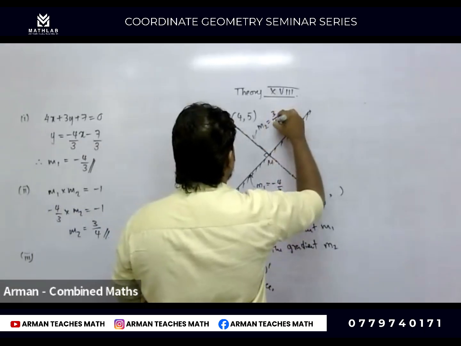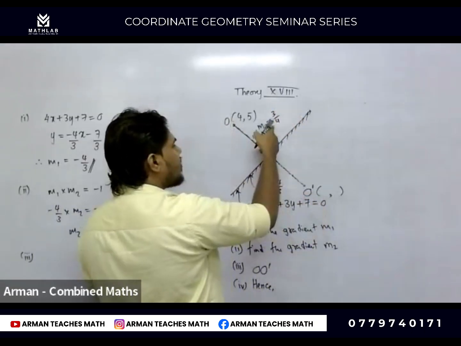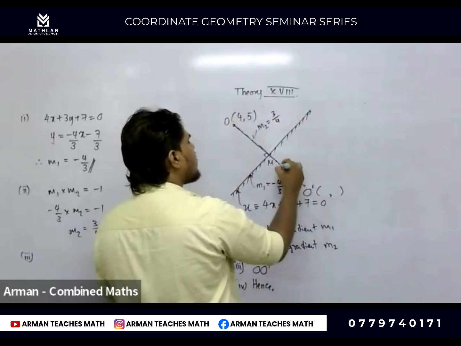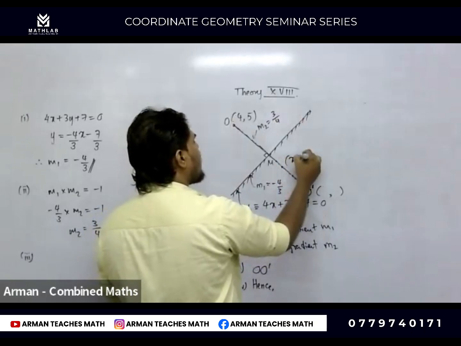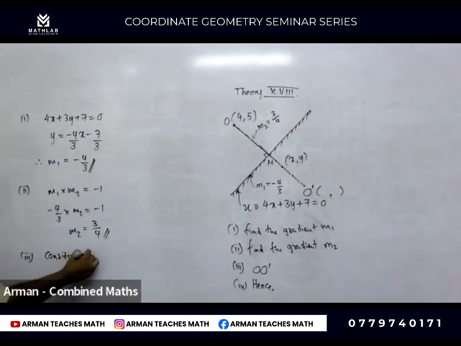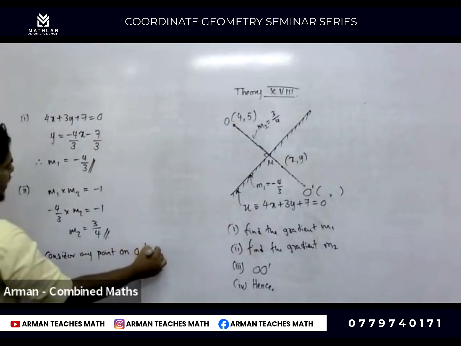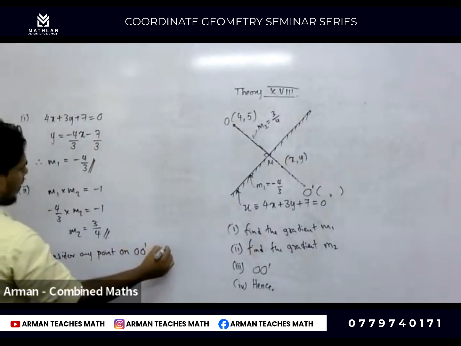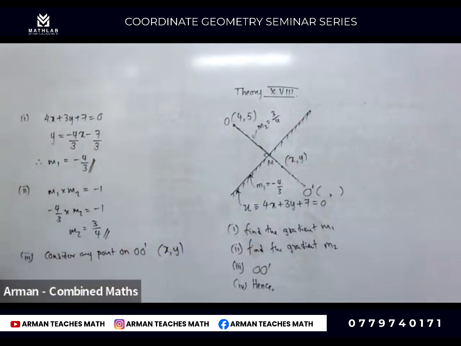This one's gradient is 3/4. So let's consider any point on OO dash as x comma y. So you have to write that. Consider any point on OO dash x comma y. X comma y are the coordinates of any point on OO dash straight line segment.